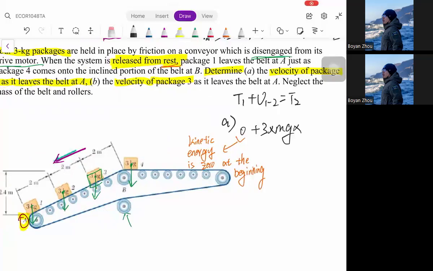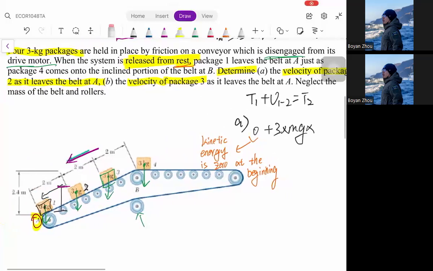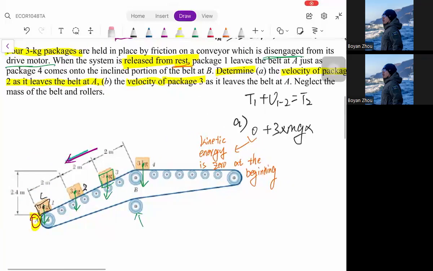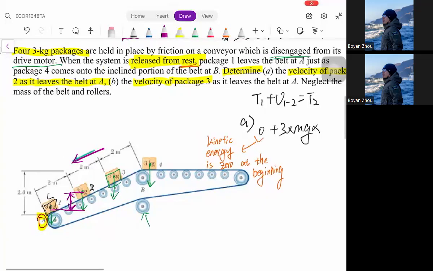So when the second box slides down to the first location, from here to here, the horizontal displacement is going to be equal to 2.4 divided by 3.